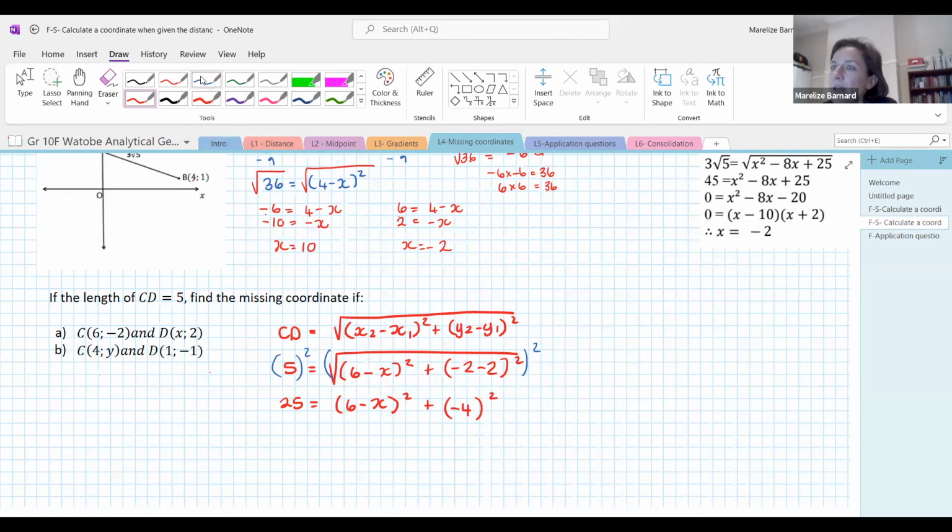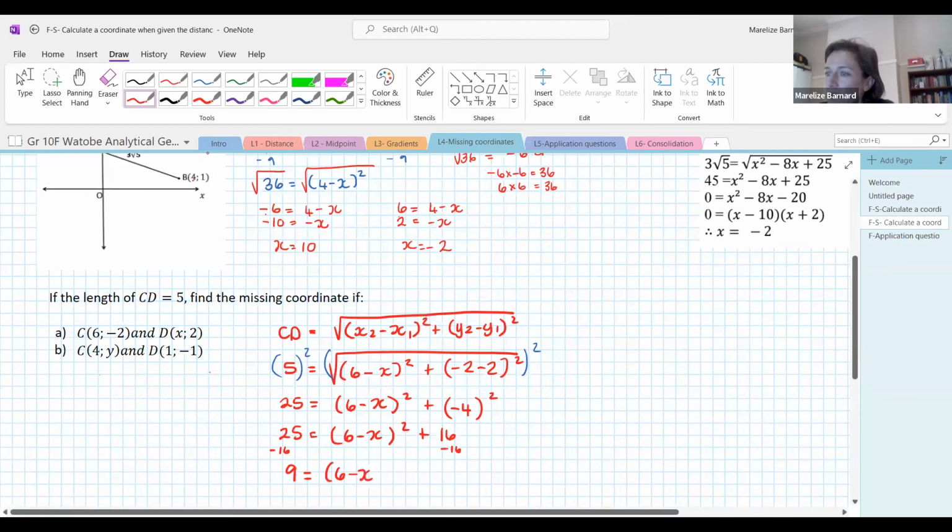If you square the minus 4, you actually get 16. So we're going to simplify that, because that's easy to simplify, right? Because that's just negative 4 squared. And then we subtract the 16 on both sides. So if I subtract it here, I subtract it here, and then I get 25 minus 16 is 9.